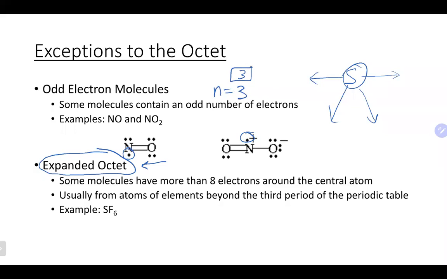On the third energy level, what orbitals do we have? We have s, we have p, and that is where we first start to see d's occur. Although they may not be using those d orbitals, they have the d orbitals available to stash the extra electrons in. That's why they have the ability to do that.